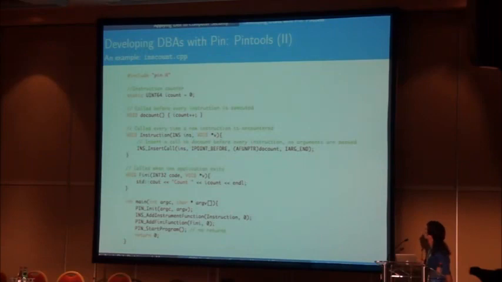We are saying that we want to insert a call before each instruction is executed, to this function, doCount. doCount is just a counter, so each time an instruction is going to be executed, the counter is incremented. This is the instrumentation function, and you also need to add these things over here.